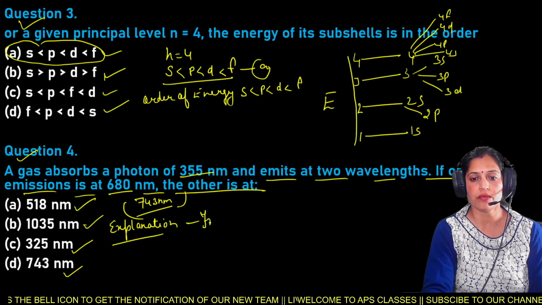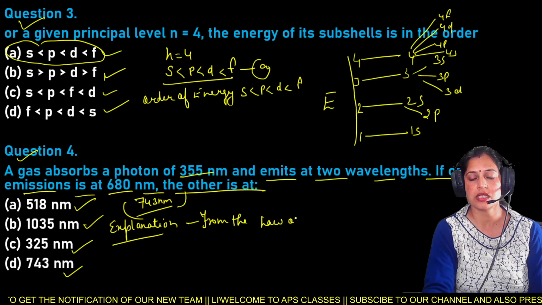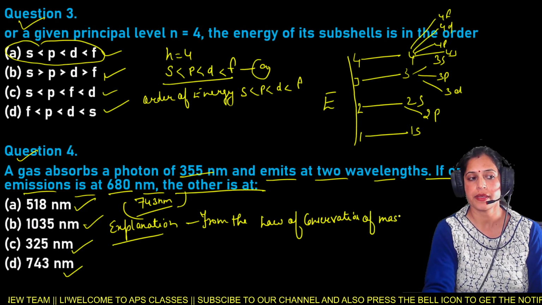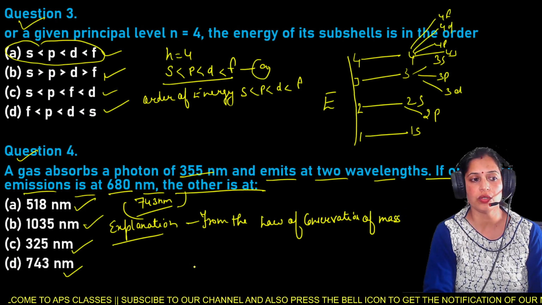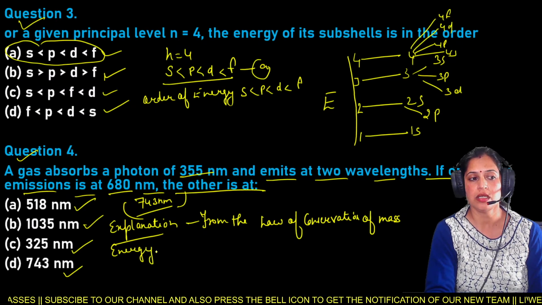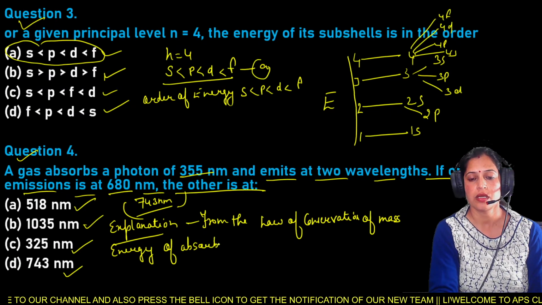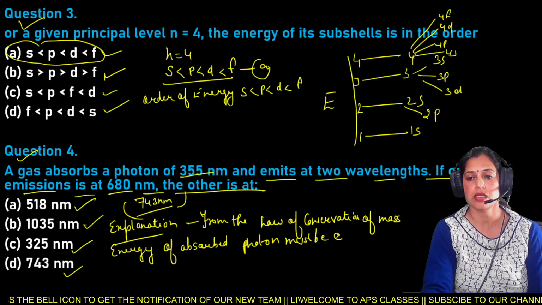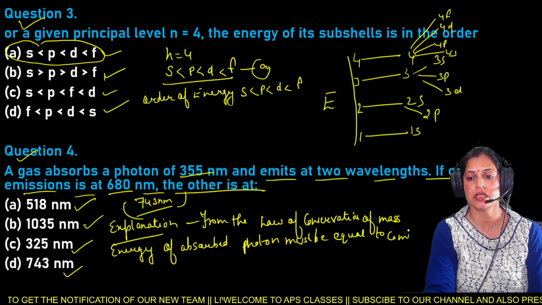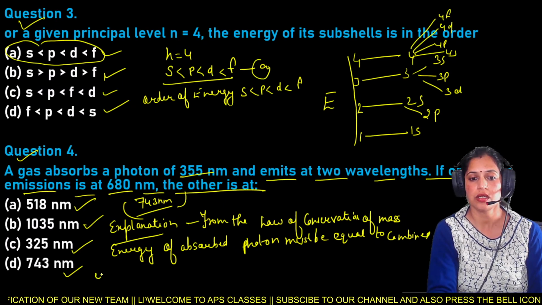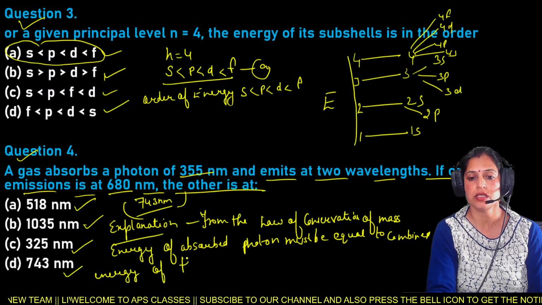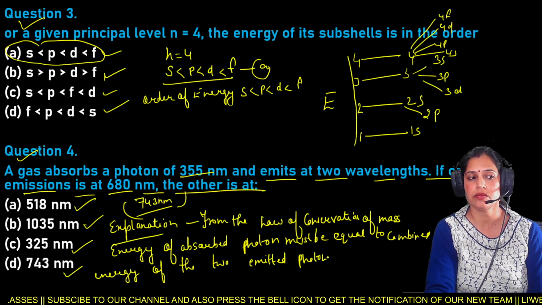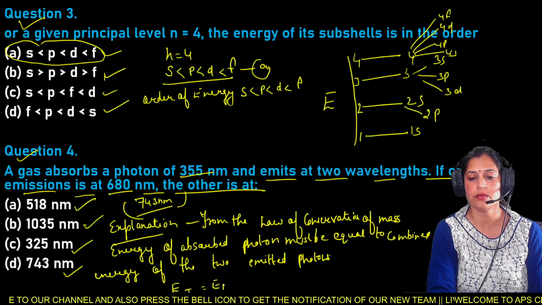According to the law of conservation of energy, the energy of the absorbed photon must be equal to the combined energy of the two emitted photons, where ET is equal to E1 plus E2.